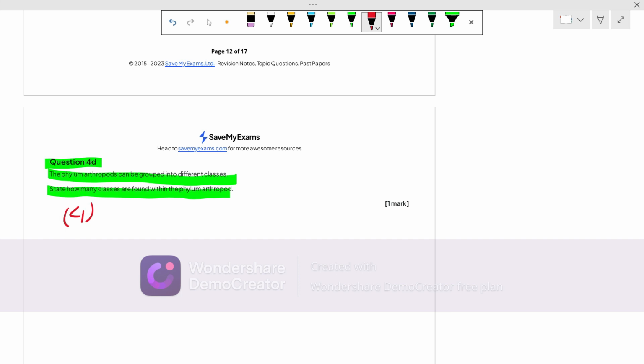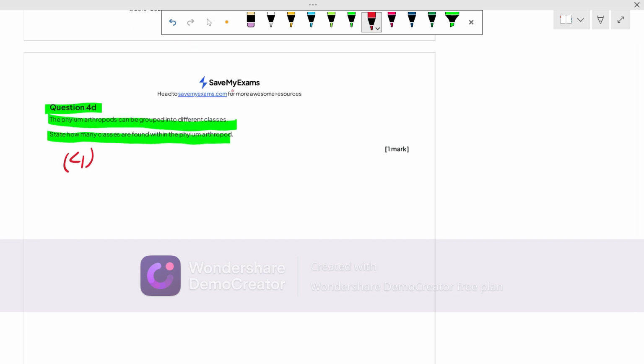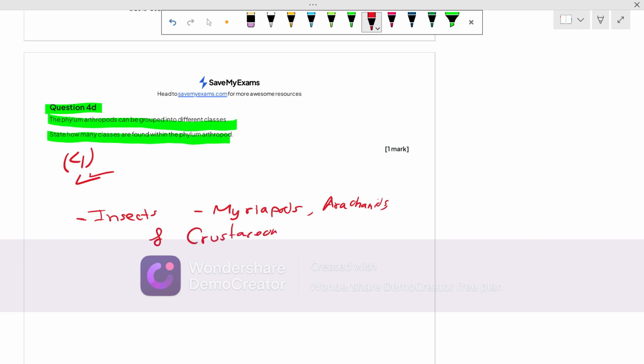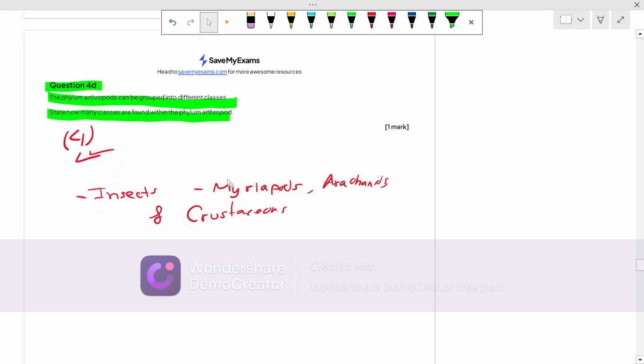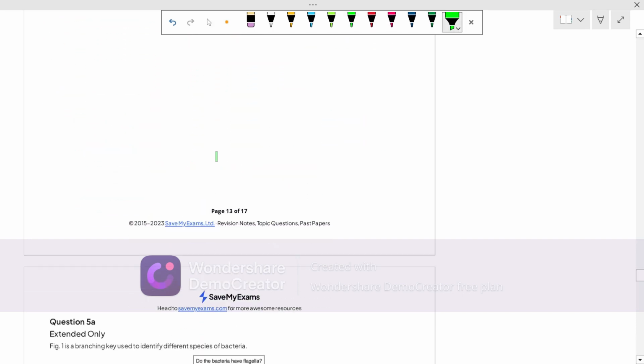Now you'll get the mark as long as you write 4, but just for your information, these 4 classes are insects, myriapods, arachnids, and last but not least, crustaceans. All right. Let's move on to the next question.